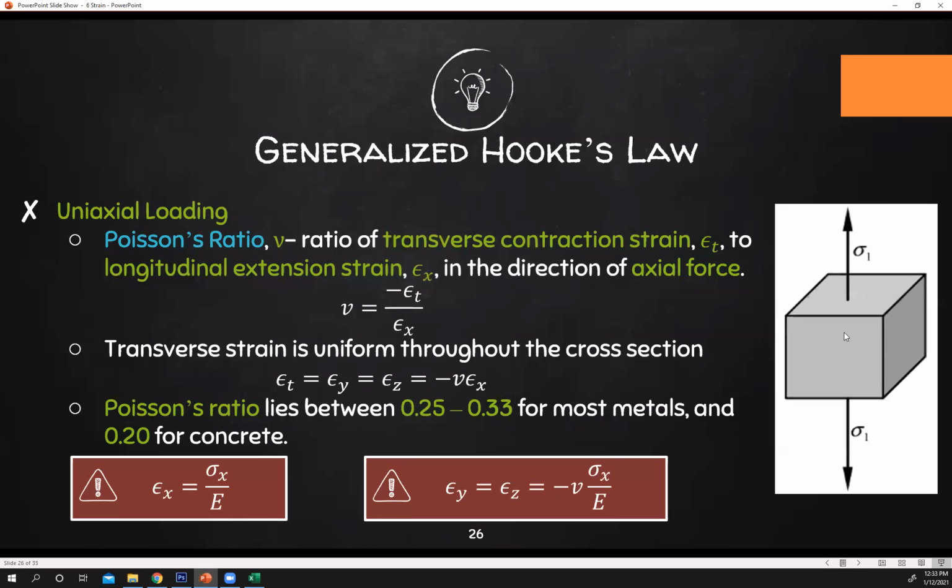So here it's in tension. It's gonna elongate along the x-axis. Sorry, it's gonna compress along the x-axis. So the ratio is T. Again, strain along the direction of your force over X, the one that is perpendicular to your force. And transverse strain is uniform throughout the cross section. So transverse strain equals Y equals Z.